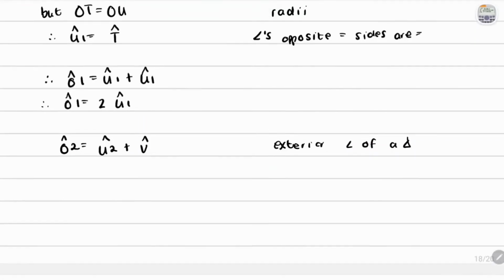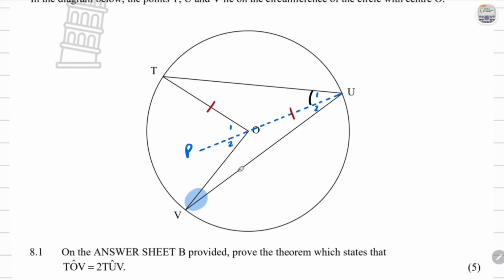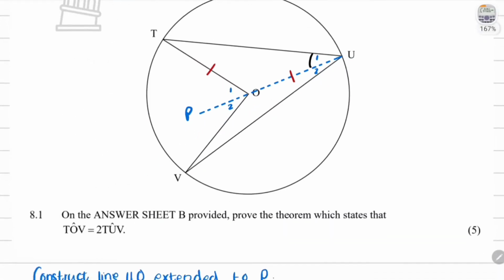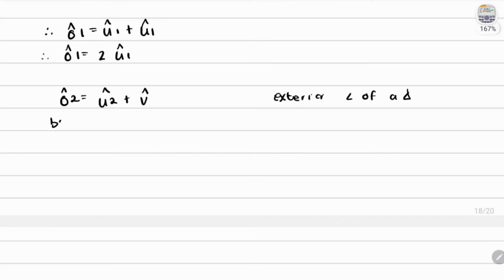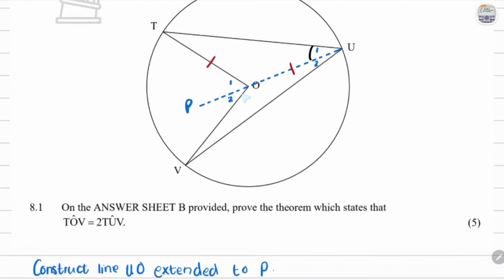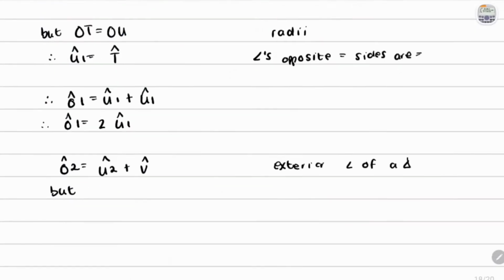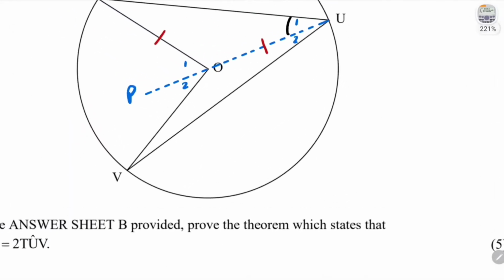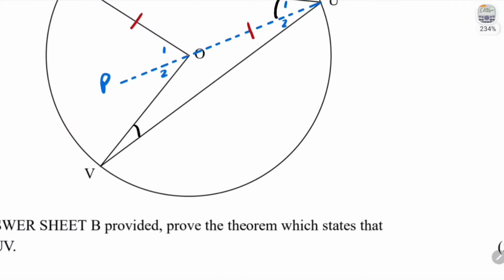So after showing them that, do you see that in this triangle again, you have a radius and another radius from the center to the circumference. So they're equal in length. So we're going to tell them that OV is equal to OU because they're equal radii. And because they're equal, the angles that lie opposite their equal sides are equal.